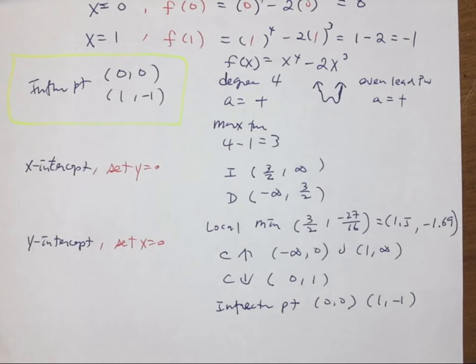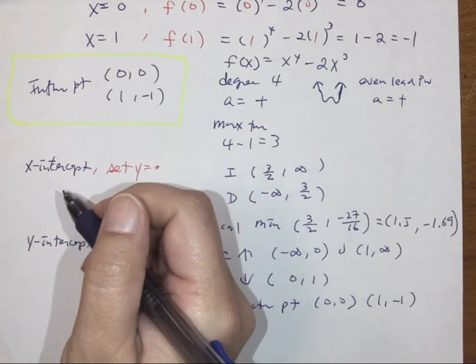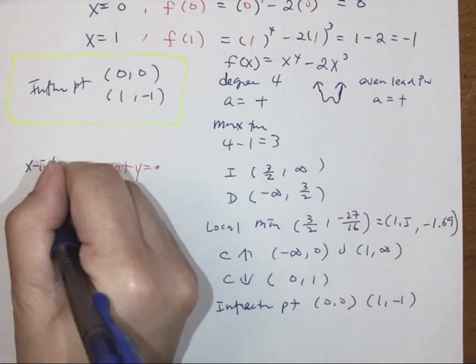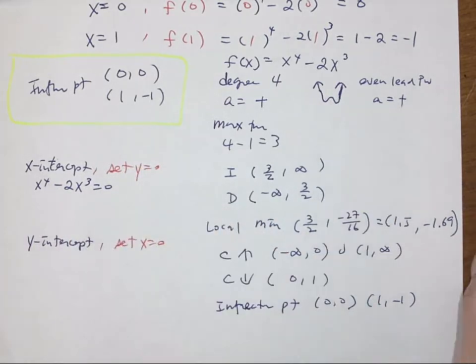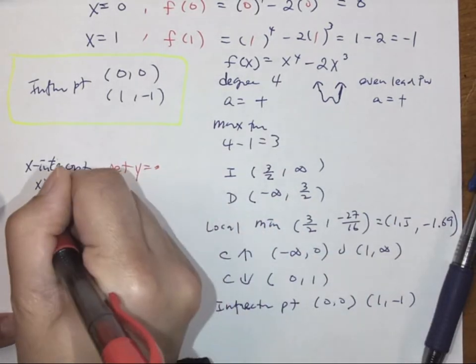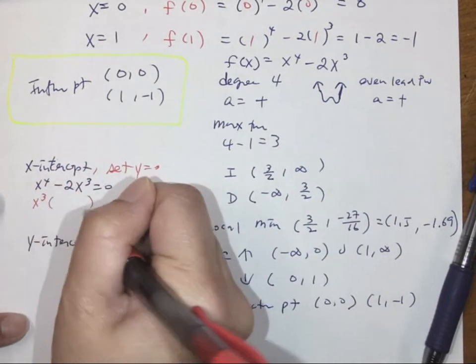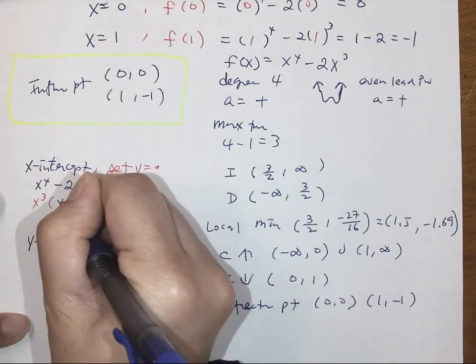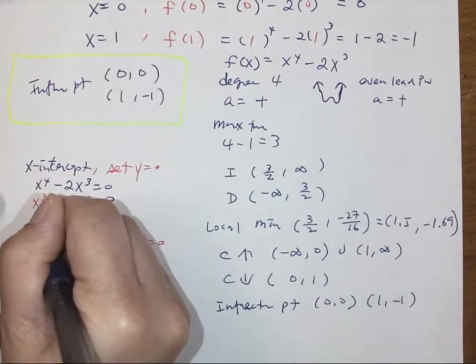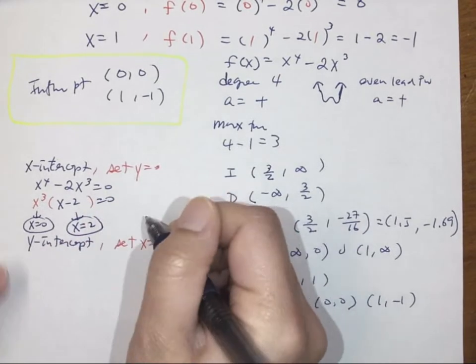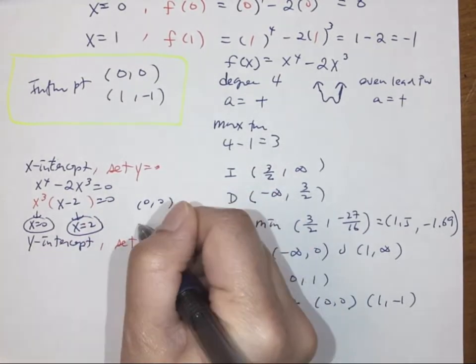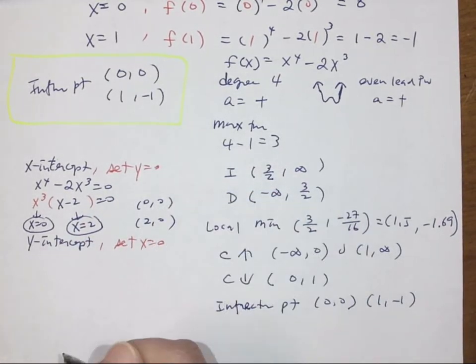That's my function. It started with x to the 4 minus 2x cubed equal to 0. I can factorize, so x cubed times x minus 2 equal to 0. So x equal to 0, x equal to 2. So 0, 0 and 2, 0.